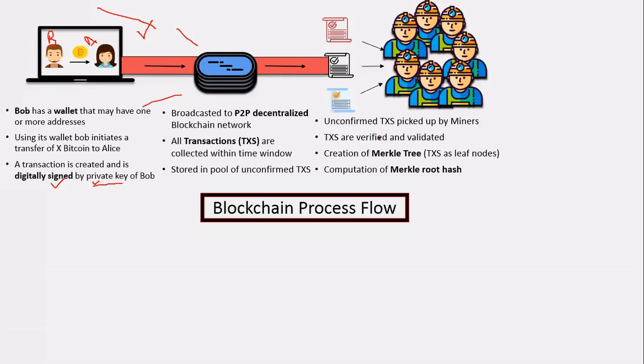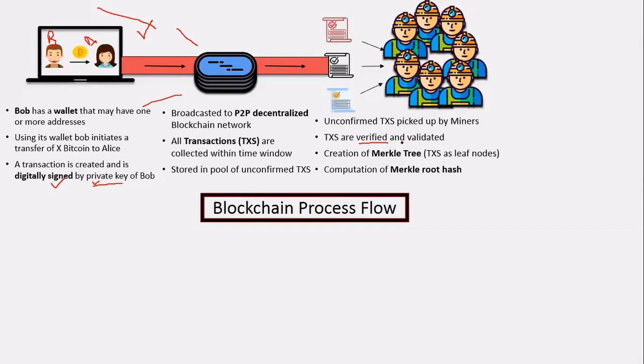So these miners will verify both the sender and the recipient, whether they are valid or not. And second, they will check whether Bob has that digital value, that much Bitcoin, which Bob is willing to transfer to Alice or not, right?